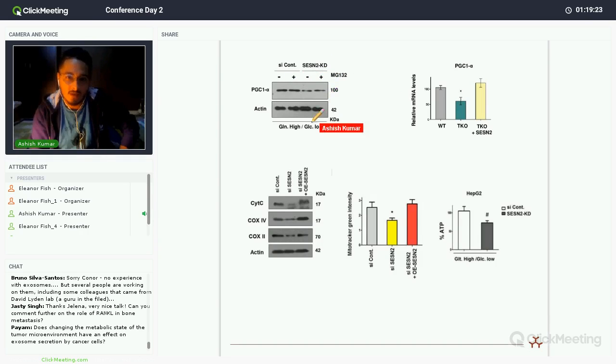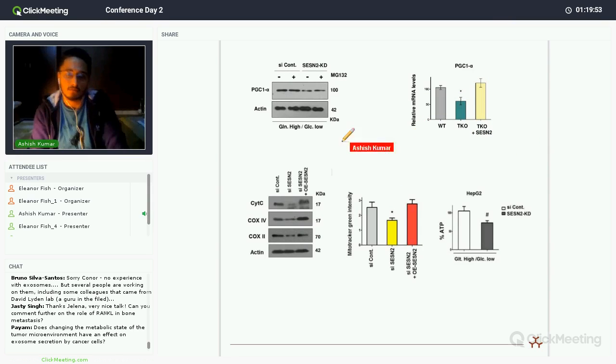So in our case, when we cultured the cells under glucose high and glutamine high and glucose low condition and used proteasomal inhibition, we didn't get any rescue in the level of PGC1 alpha. When we evaluated the mRNA level in the triple knockout cell versus where we have reintroduced Sestrin2, we found that the mRNA level was less in the triple knockout cell, which was rescued on re-expression of Sestrin2.